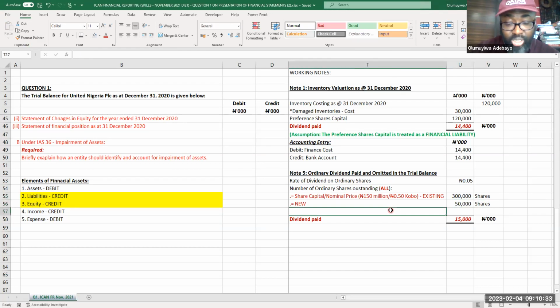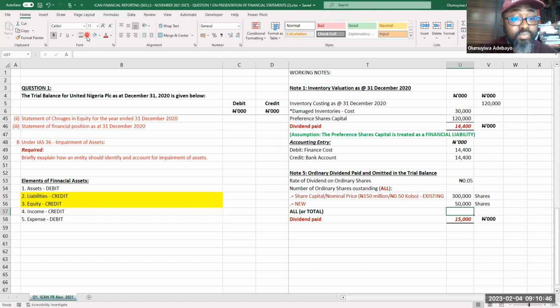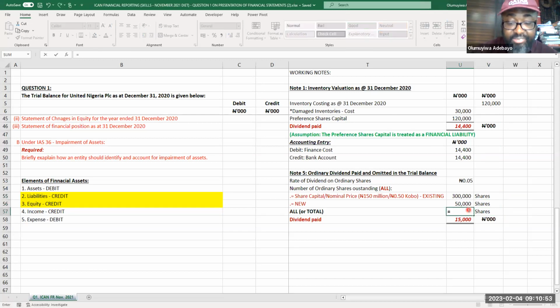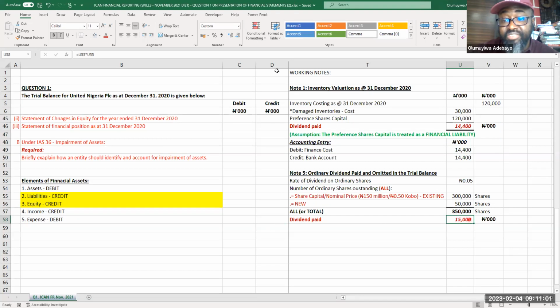Which means all now, all or total, will be 350. Now, therefore, 5 kobo times 350 instead of 300 will give you 17,500. And that's what ICAN did.